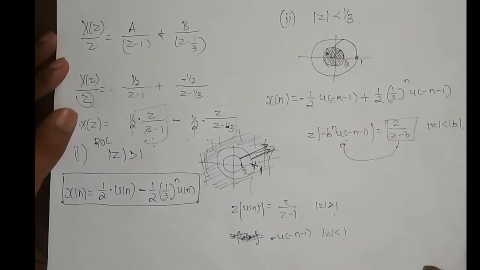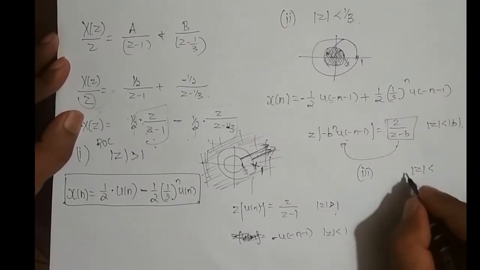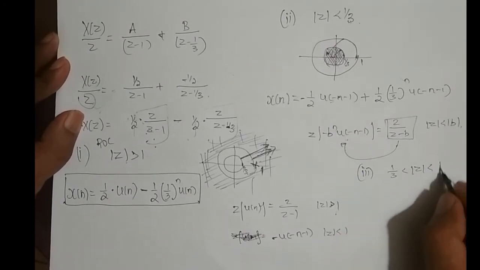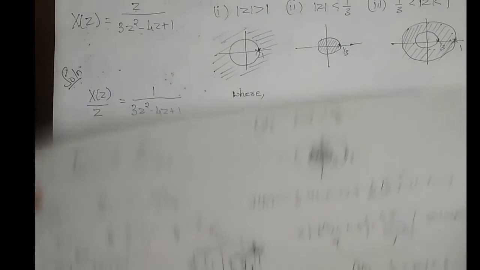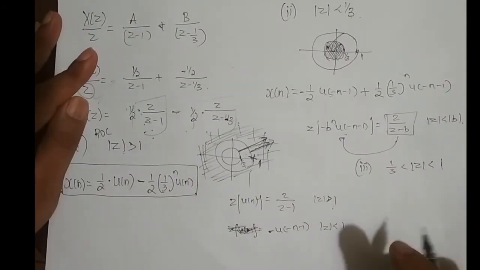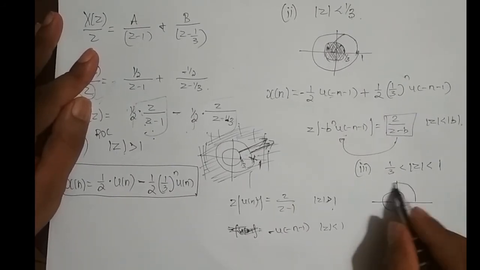Now the last case, the third case: magnitude of z should be greater than 1 by 3 and less than 1. In this case, one sequence has to be right-sided and the other left-sided, so that both will be in between 1 by 3 and 1.